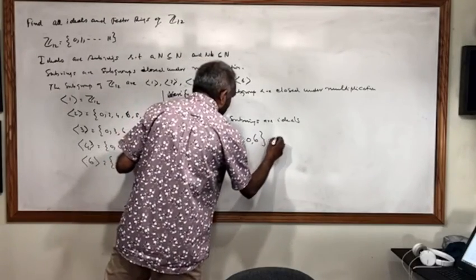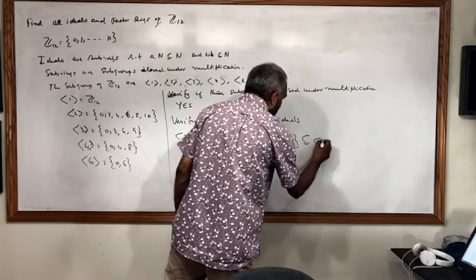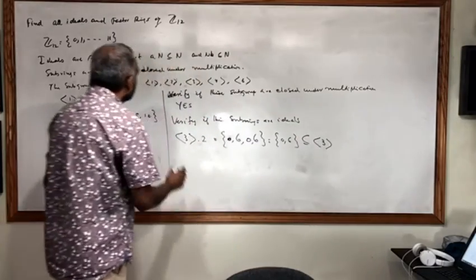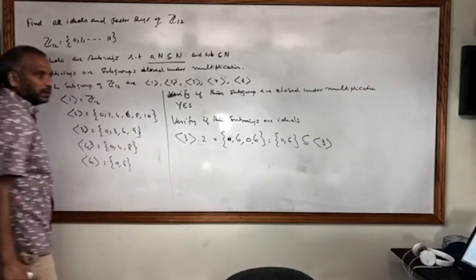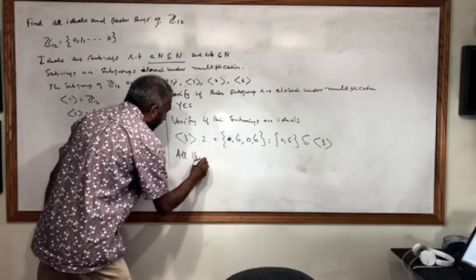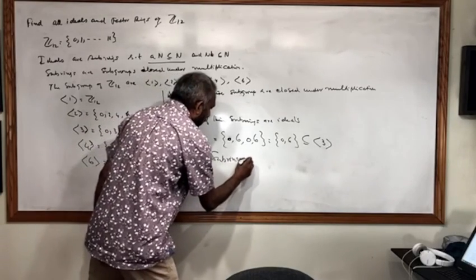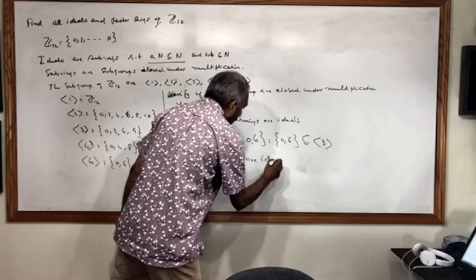So that is actually 0, 6, and which is contained in the subgroup. And that is exactly what this means. So all these subrings are ideals.